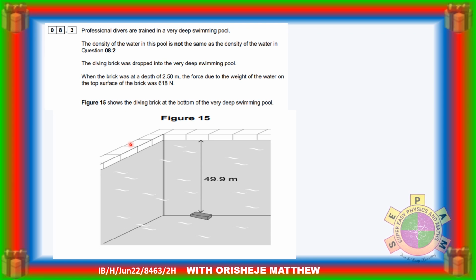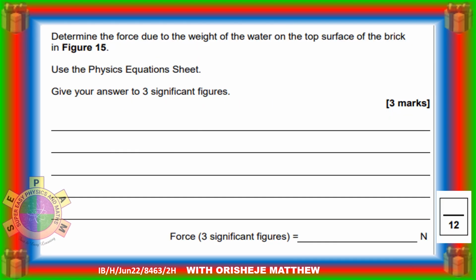Determine the force due to the weight of the water on the top of the brick in figure 15. Give your answer to 3 significant figures. Like I told you, that is just a direct proportion question. What they want you to do is to relate the force at the depth of 2.5 to the force that will be acting on it at the depth of 49.9.